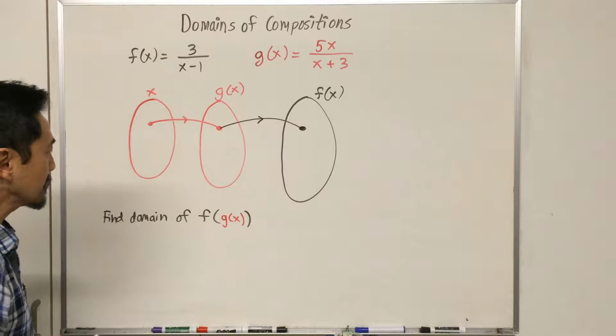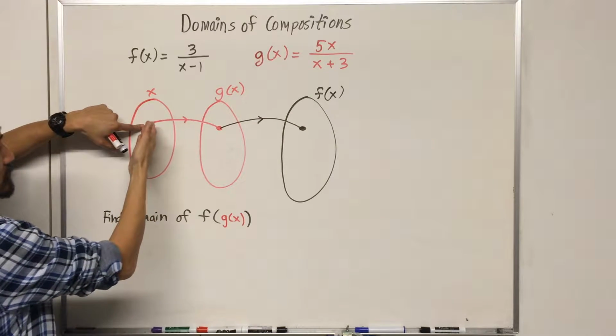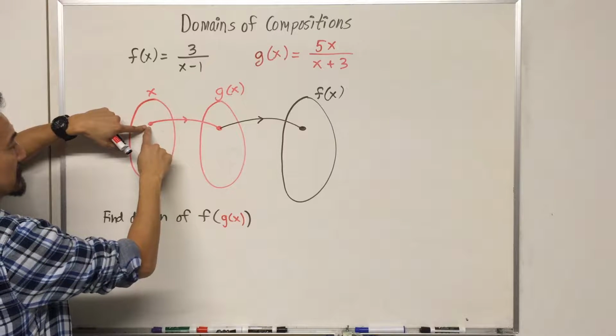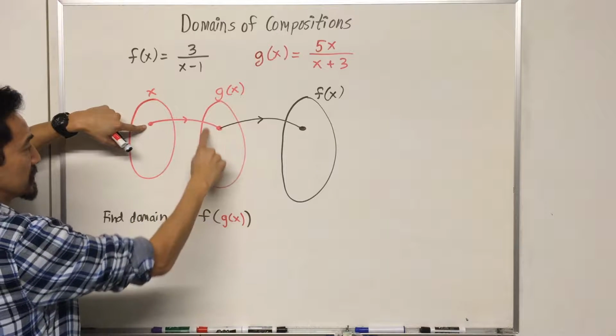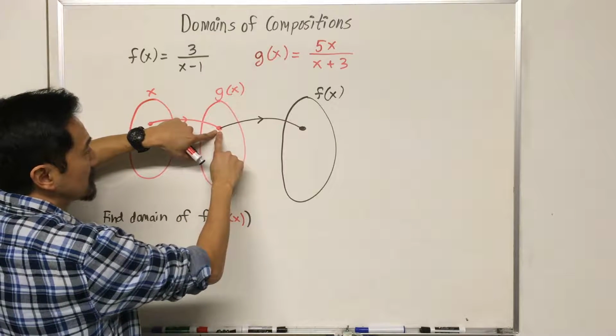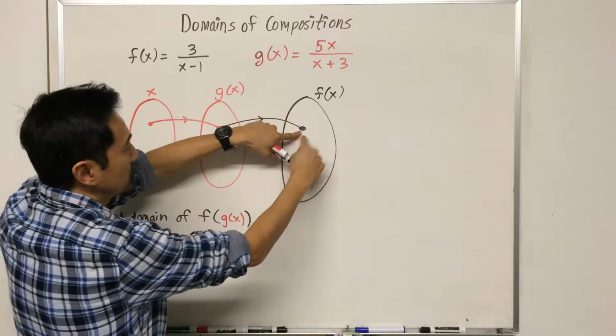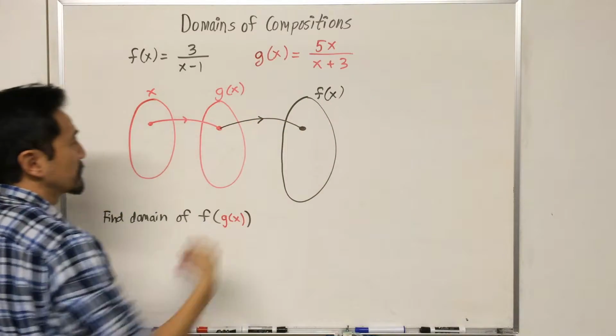So we need the x's that will take us into g. A real number will be produced, and then that g value will also fall into the domain of f, and then that g value will produce a real output for f. Okay?